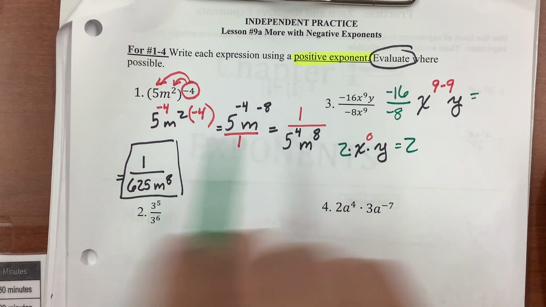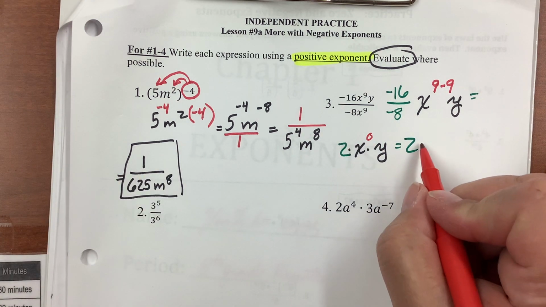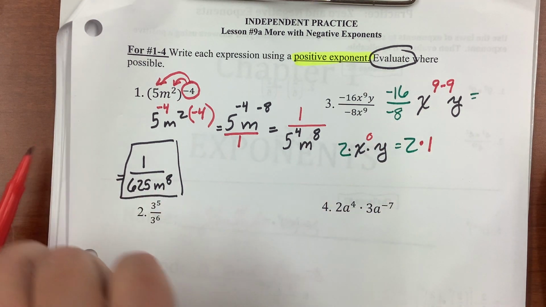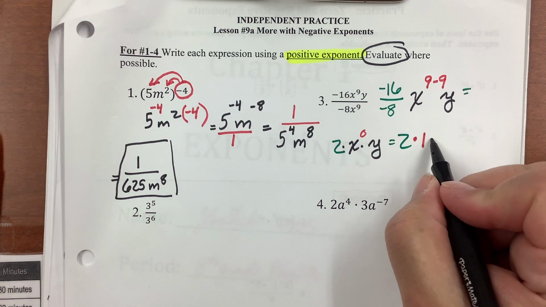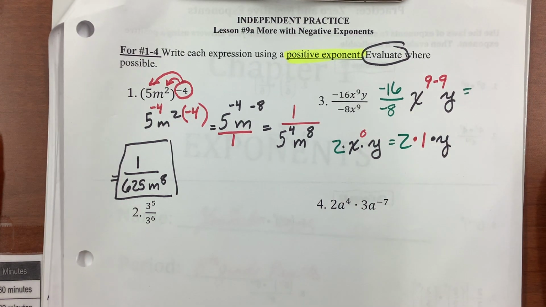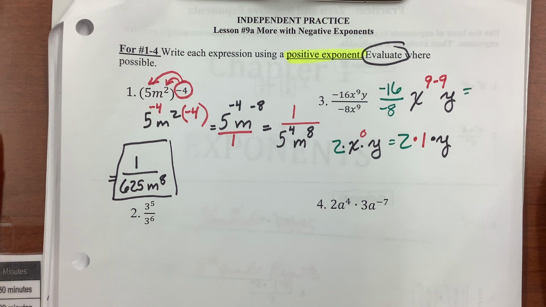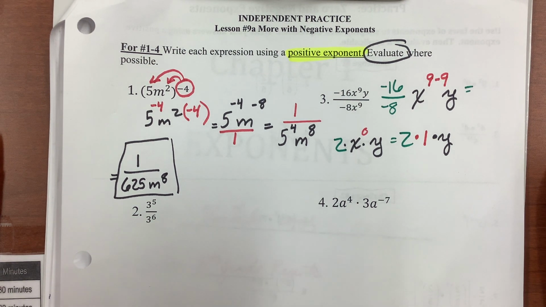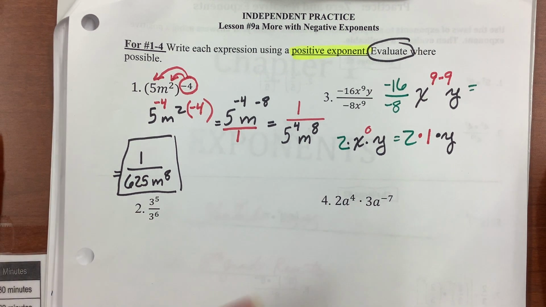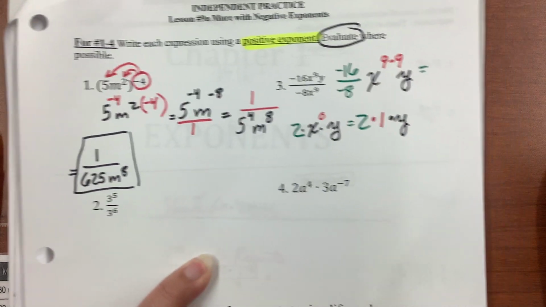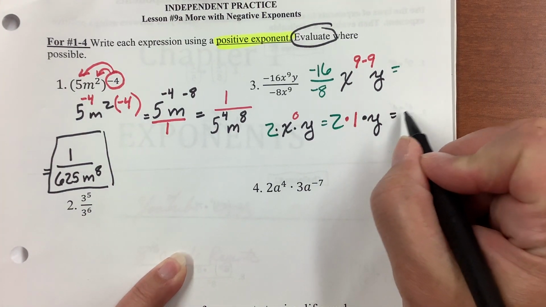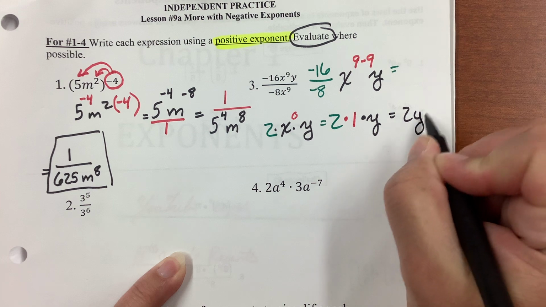But now x to the 0 power, that's times 1, and the y, just times y. Now, the identity property says anything times 1 is itself. So 2 times 1 is 2, and y times 1 is y. So what I have left here is 2y.